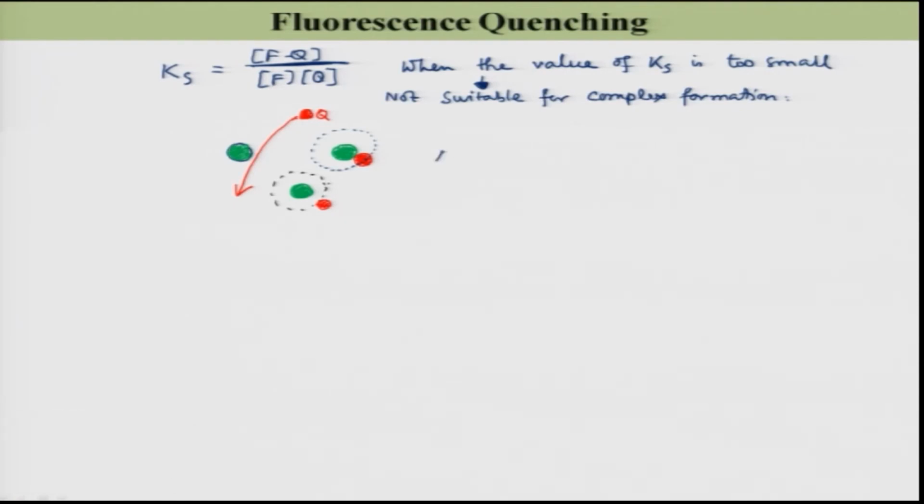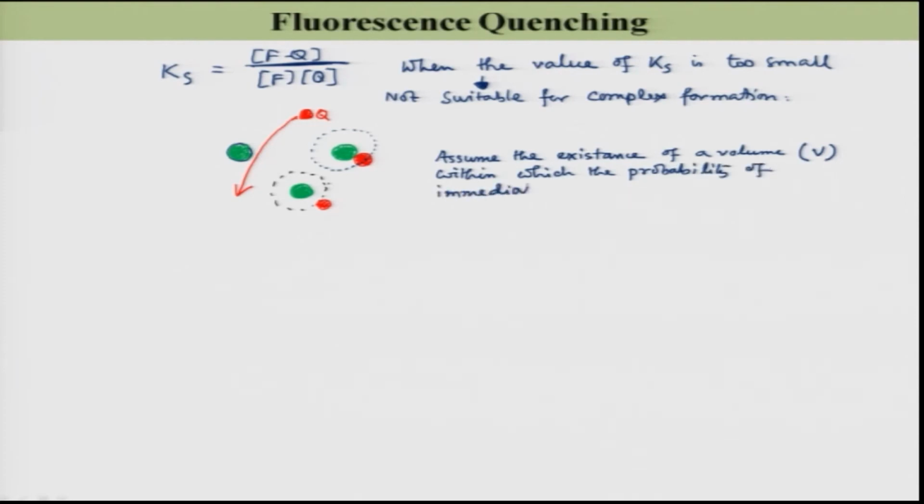Let me write in words. Let us assume the existence of a volume, and that volume I termed as V, within which the probability of immediate quenching is unity.